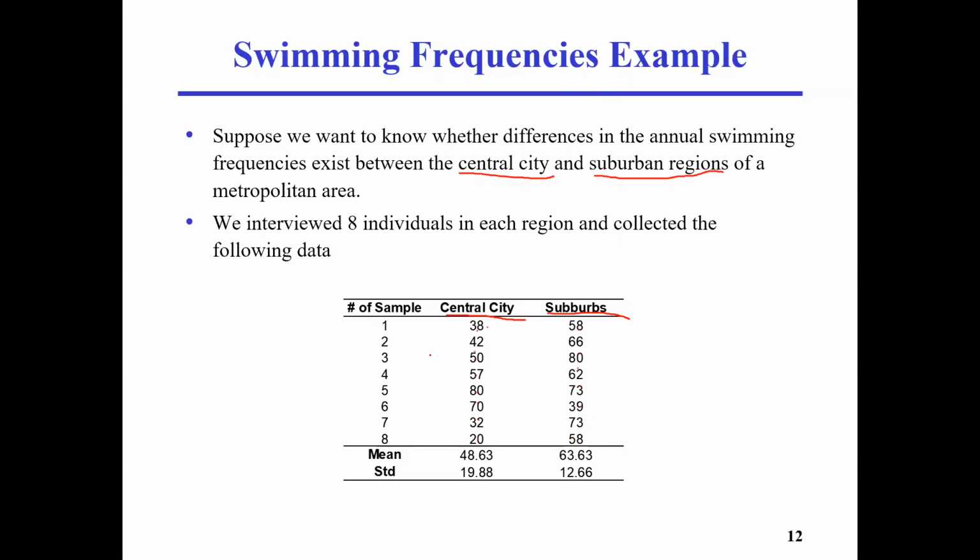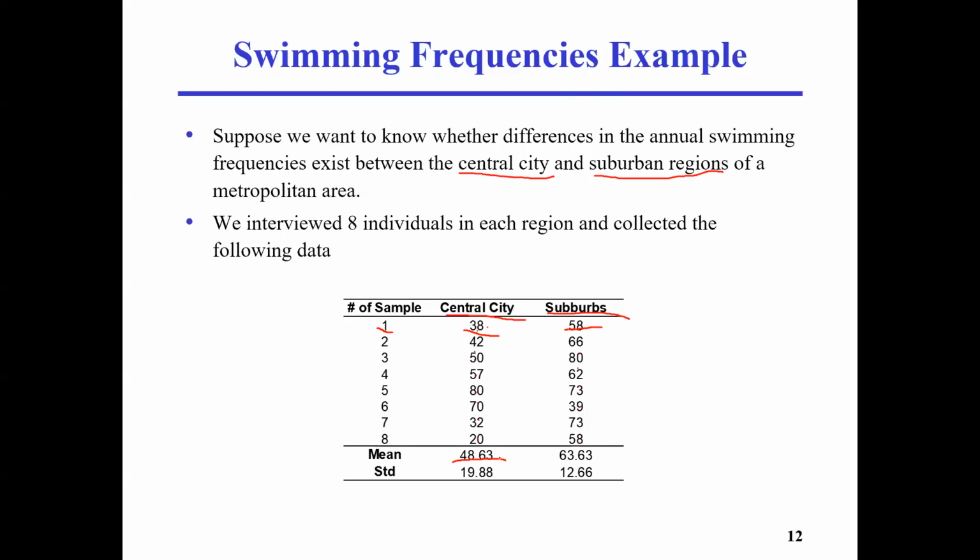Okay, and we have 8 samples, because each sample contains 1 person from Central City and 1 person from suburbs. But yeah, we have 2 groups, Central City, suburbs. And for each group, because 8 people obviously is not the whole city, is not the population of Central City or population of suburbs.